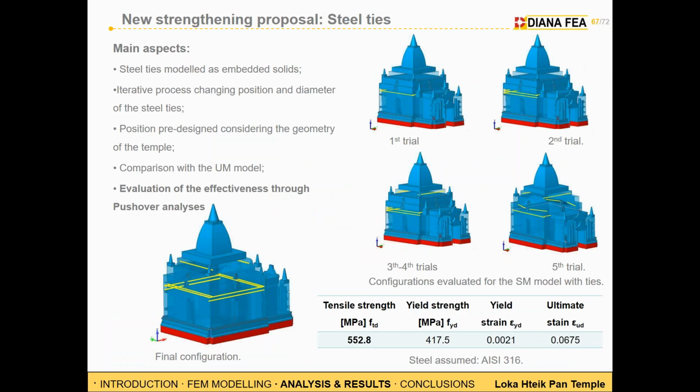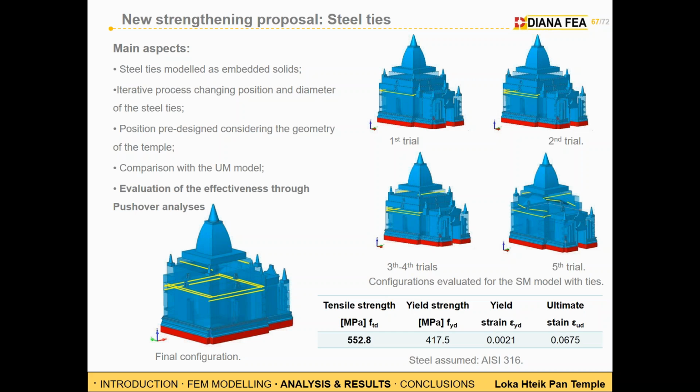At the end, to be more complete, to suggest to local institutions a new strengthening proposal, maybe for substituting the reinforced concrete beam, we suggested using steel ties modeled in FX Plus for Diana as embedded solid, as I showed you before.